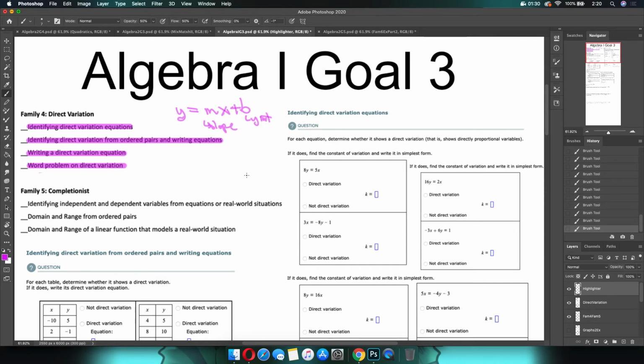Well, direct variation is just that: y equals mx, only instead of calling it m, because they just want to be fancy, they call it k. That's still your slope, that's still your rise over your run. And that's what we want to look at when we're trying to identify direct variation examples.